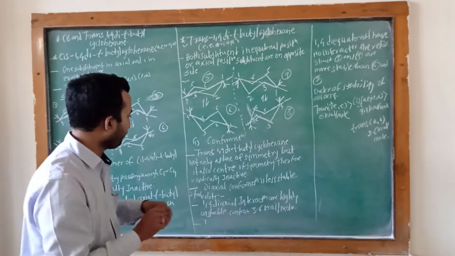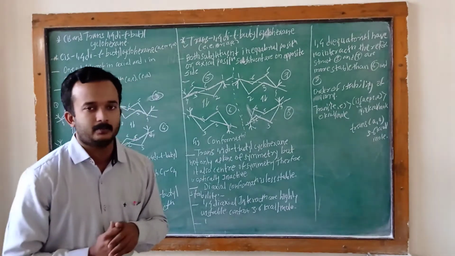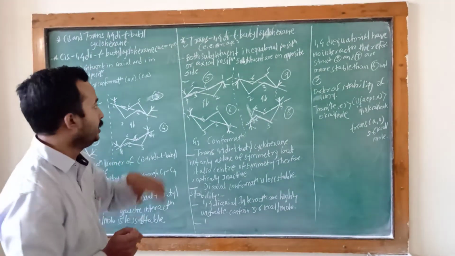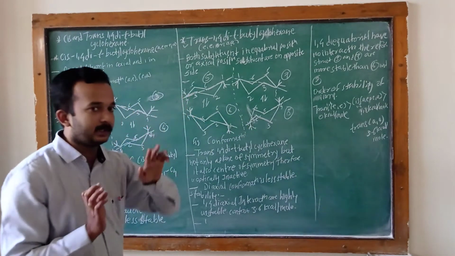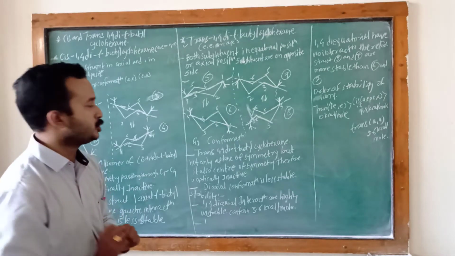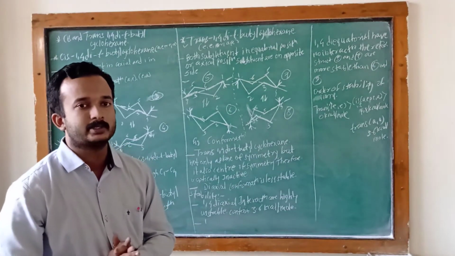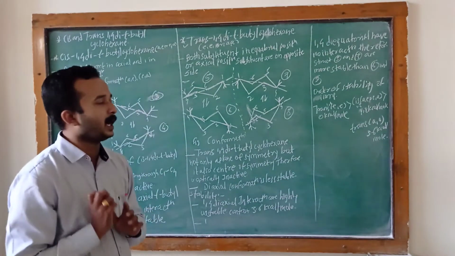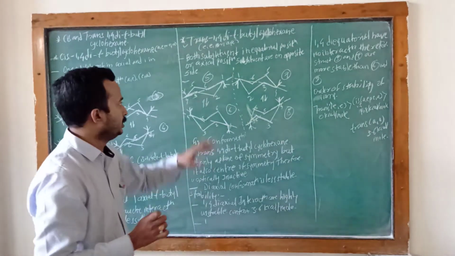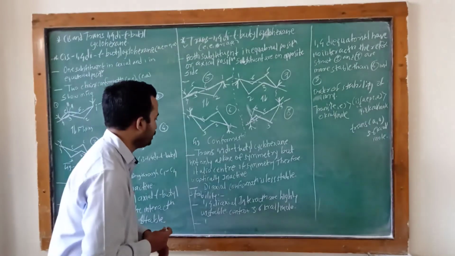Okay, then the optical isomers of this compound, the trans 1,4 ditertiary butyl cyclohexane, it shows not only a plane of symmetry but also a center of symmetry.